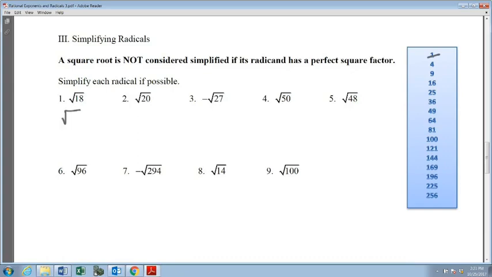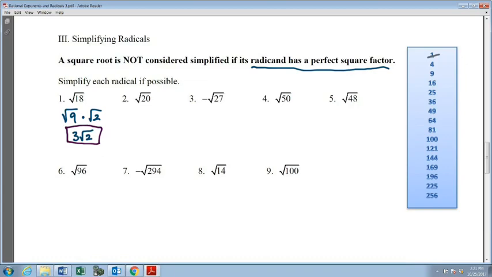So what we do is we write this as square root of 9 times square root of 2. So we can break this down into a product of two radicals, but we have a perfect square in the first one here. The square root of 9 is 3. And so we get 3 square roots of 2, which means 3 times the square root of 2. And so that's the simplified form of the square root of 18.